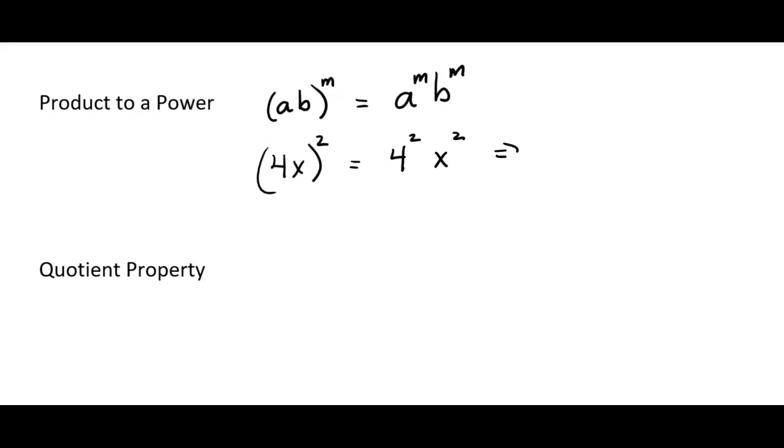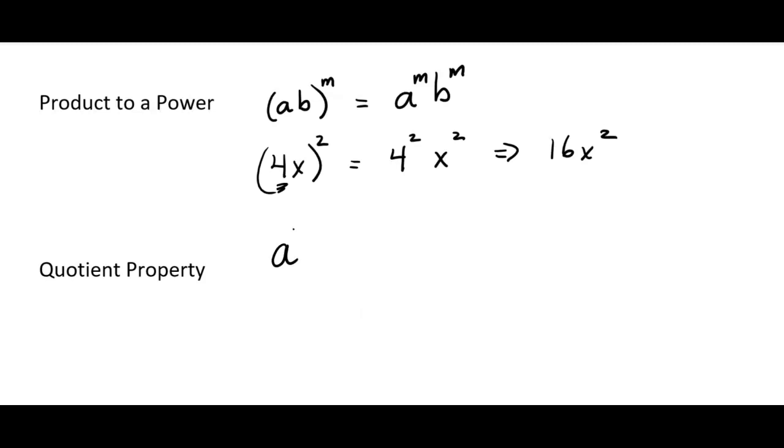And then that would simplify to be 16x squared. So sometimes when you have a numeric coefficient in front that's not 1, it throws students because you have to remember that that gets the exponent as well. Okay? All right.